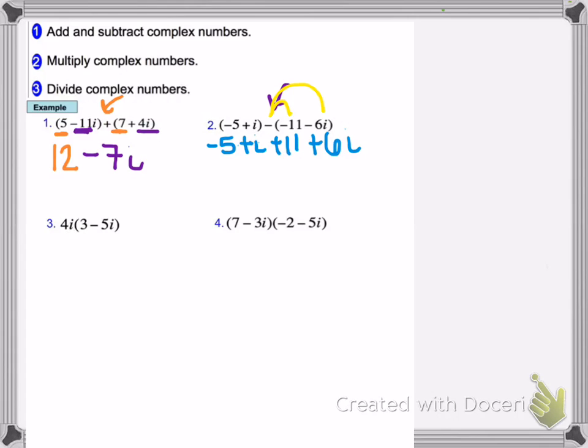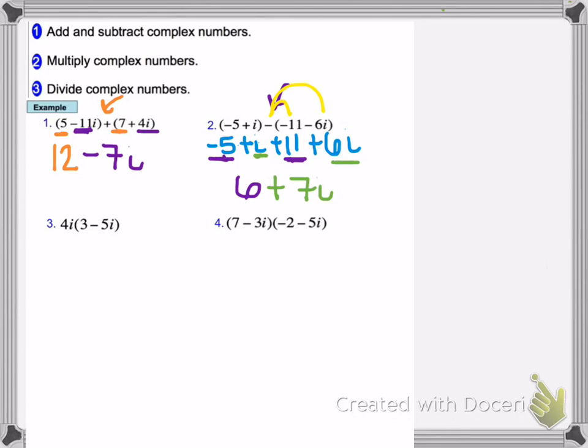I'm going to combine my like terms together. -5 plus 11 is positive 6, and then I take my i plus 6i, and therefore I get 7i. That's my final answer.